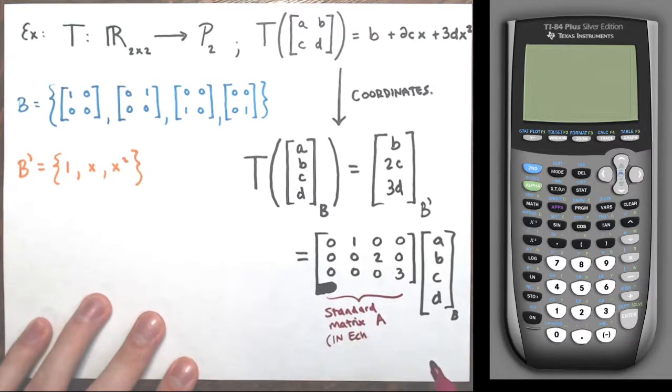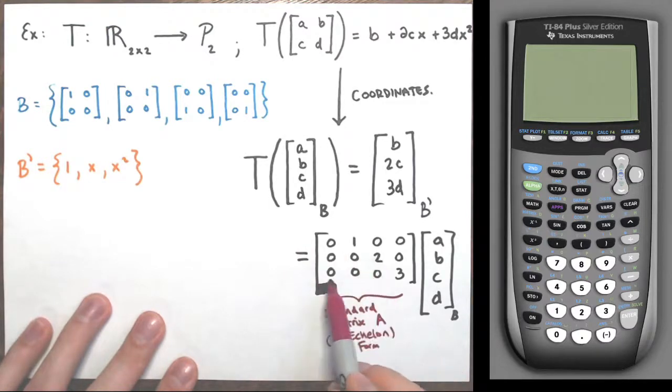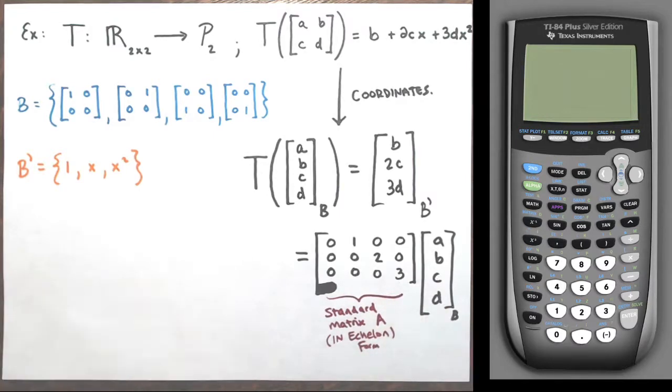It's not in reduced echelon form because all I would need to do is make these into ones, which I could do on the next page. But you see how every row has the first non-zero entry with zeros below it, right? First non-zero entry has zeros below it. First non-zero entry has zeros below it. So it's in echelon form.